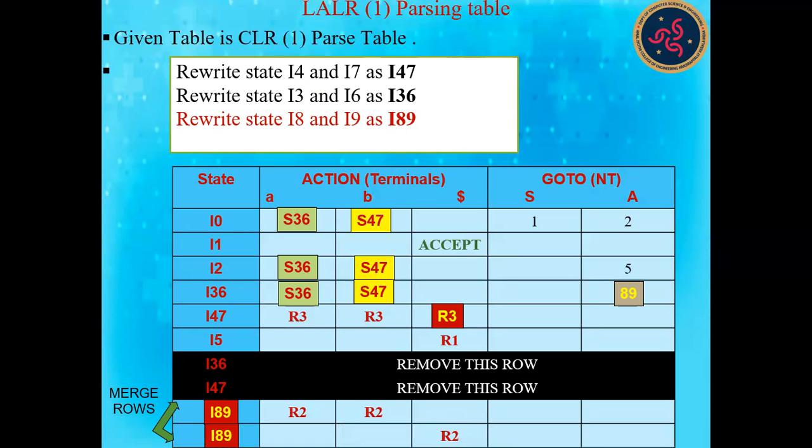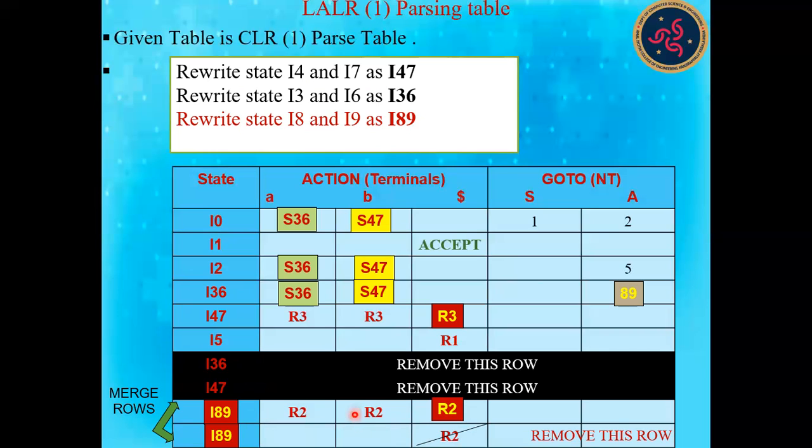So this R2 is given to the top I9 row. Now we can remove this row. So finally, these three rows will be removed.